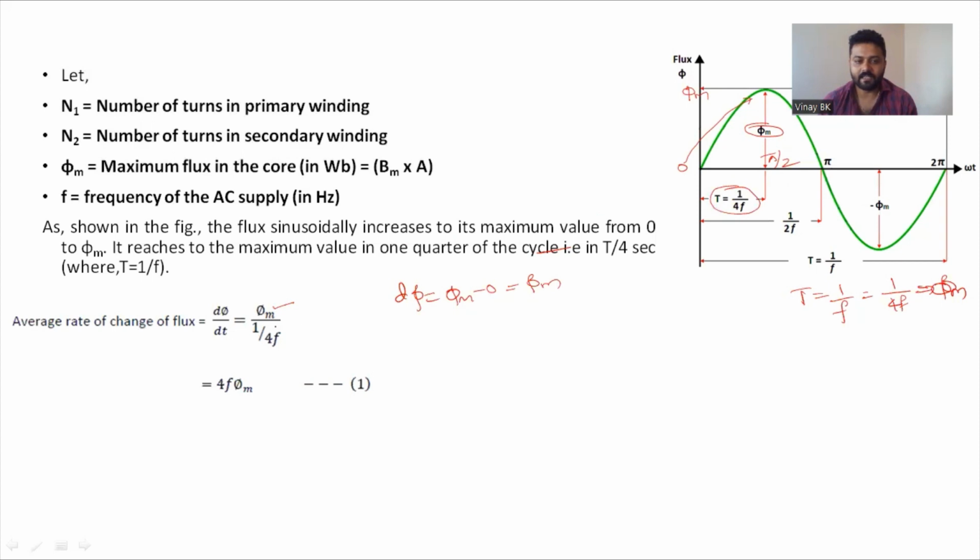So you rewrite it as 4 into f into phi m, and give this as equation number 1.